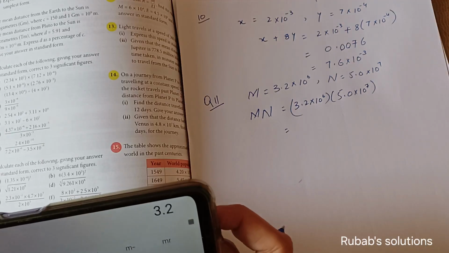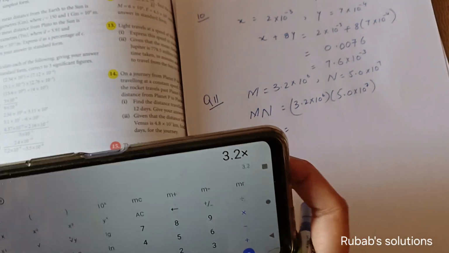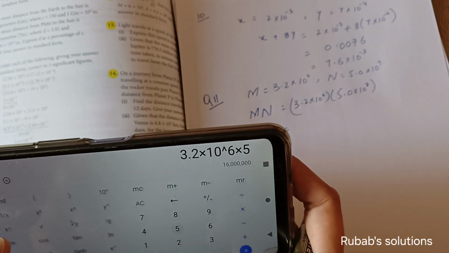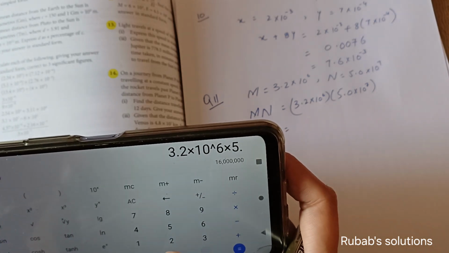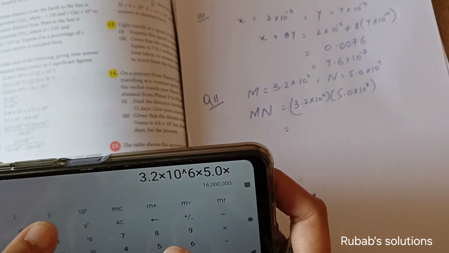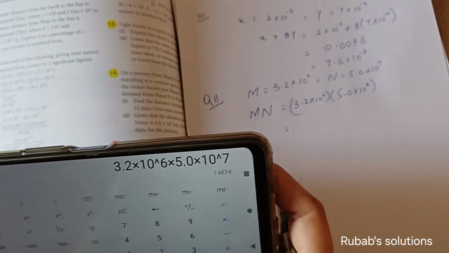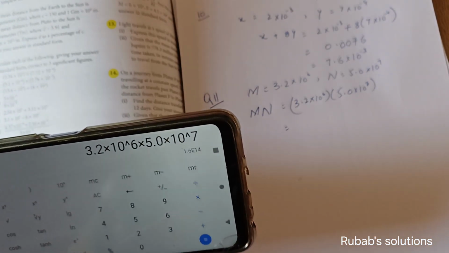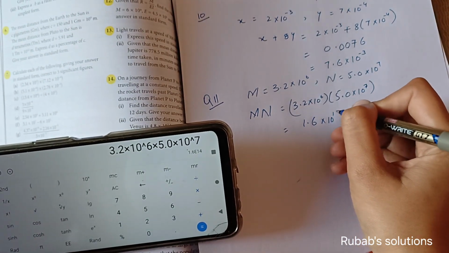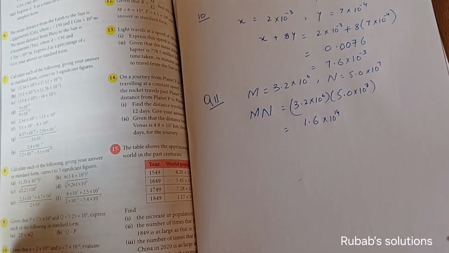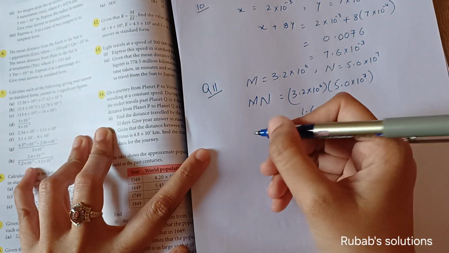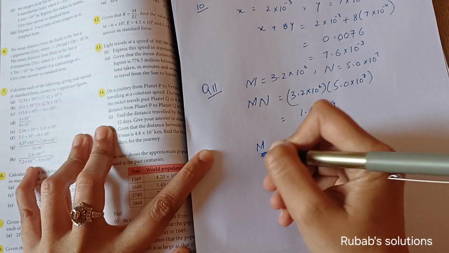The answer is 1.6 into 10 power 14. Clear? Okay, moving towards the next part, that is m divided by n.